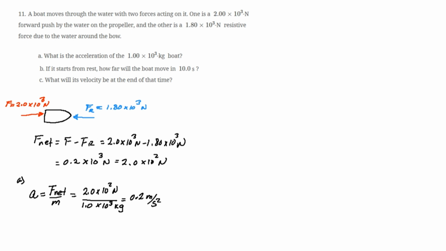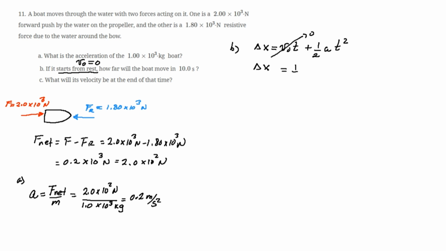There's one that says delta x is equal to v sub 0 t plus 1 over 2 a t squared. When they say it starts from rest, that means v sub 0 is 0, so we can get rid of this term, and delta x, the displacement of the boat, will be 1 over 2 a t squared.